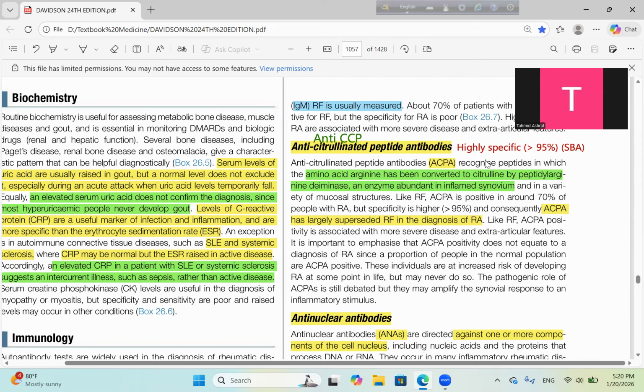So in the inflamed synovial cavity there is an abundance of this enzyme, which converts arginine to citrulline. And against that citrulline an antibody is produced, which is ACPA, anti-citrullinated peptide antibody. As it is produced against citrulline, it is called anti-citrulline.